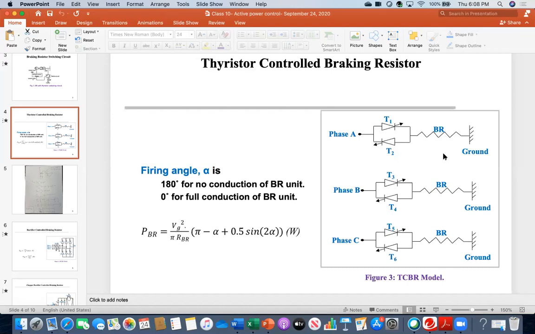They have this system, and they use a 1400 megawatt braking resistor. Can you imagine? 1400 multiplied by 10 to the power 6. It's huge. Therefore, time to time, you need some maintenance of this braking resistor.